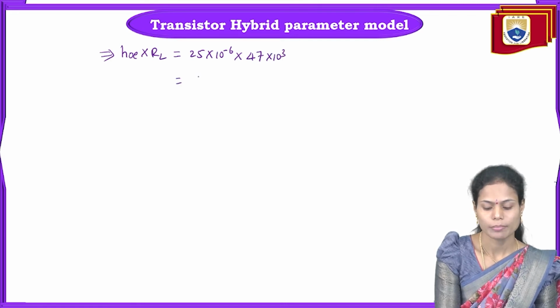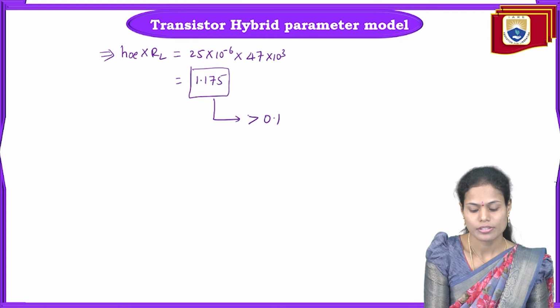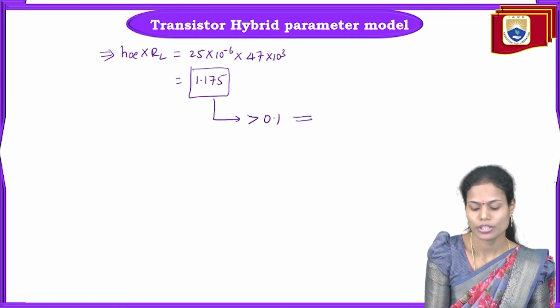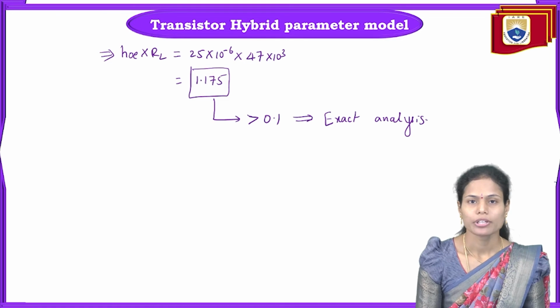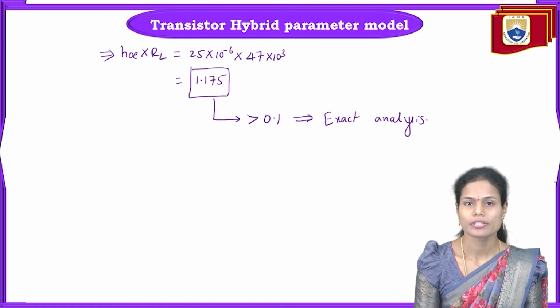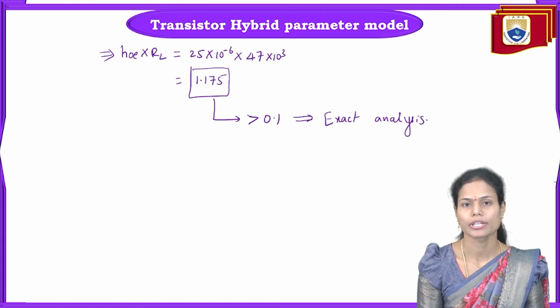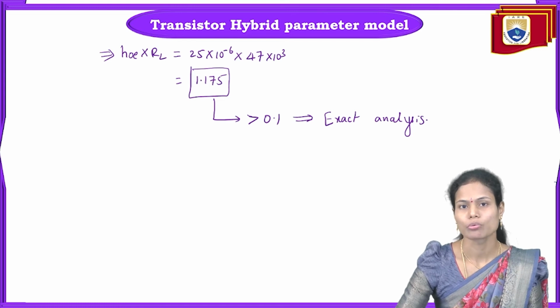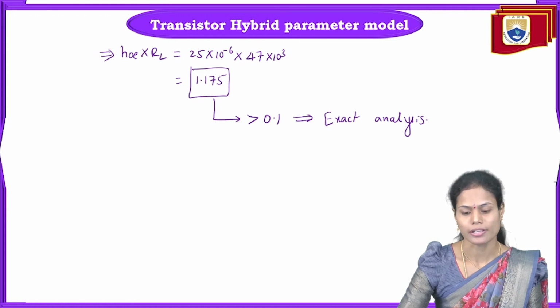If we calculate this, we get 1.175. This value is greater than 0.1, and once it is greater than 0.1, we need to go for the exact analysis. So in order to find the gains and input and output impedances, we have to utilize the formulas of exact analysis, not the approximate analysis. Whatever problems we discussed till now belong to the approximate analysis, but this one is the exact analysis.